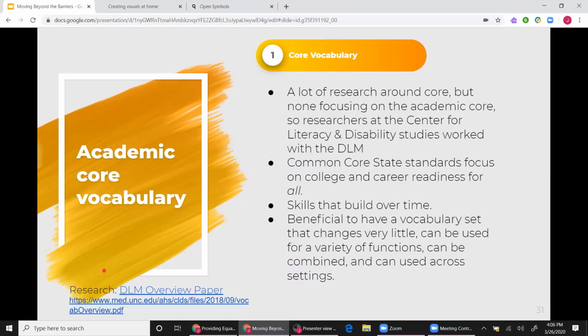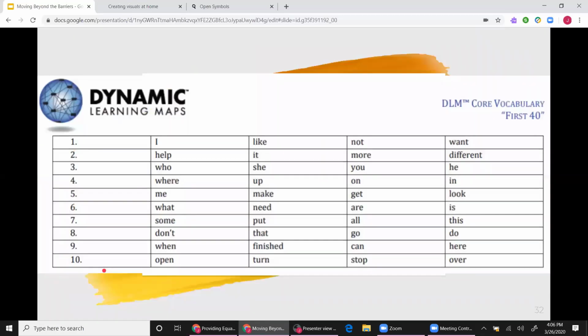And they also took a look at the academic demands for communication within the Common Core State Standards and the essential elements. And they tried to decide and pick words that could be used for a variety of functions and across settings in order to communicate students' knowledge. The words that they came up with are the DLM first 40 words.